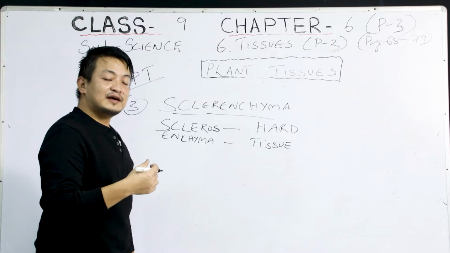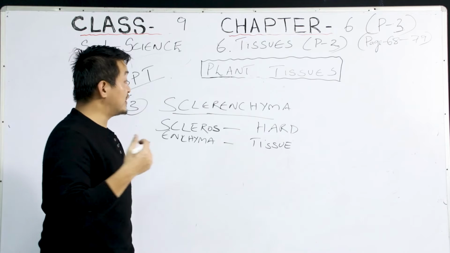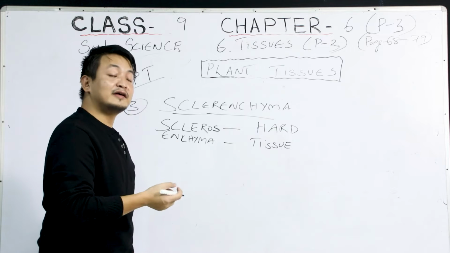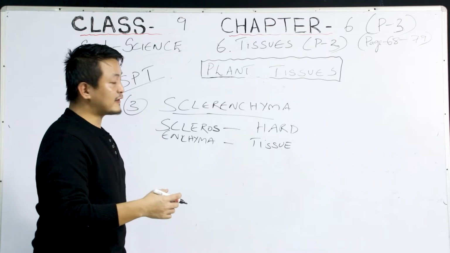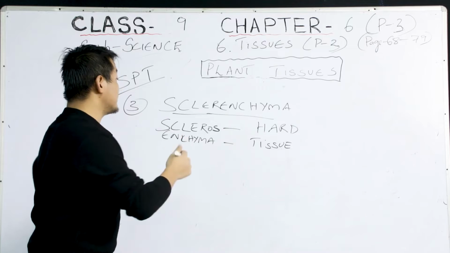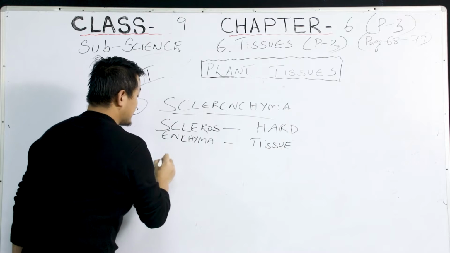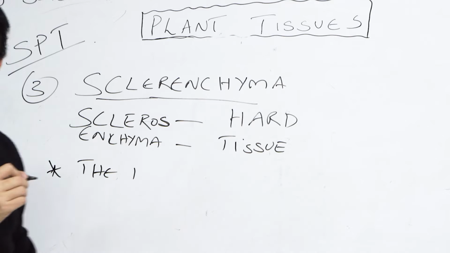We have discussed the cells of parenchyma as well as collenchyma. In parenchyma, there was large space between the cells, and in collenchyma, there was little space between them. Here, the intercellular spaces are tightly packed. There is no space.